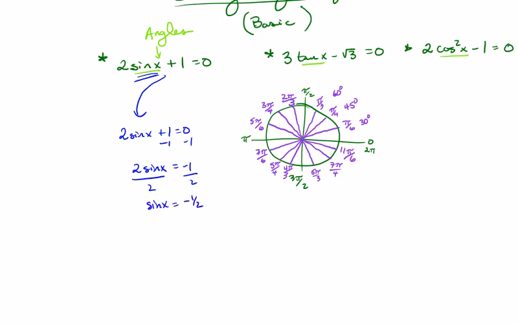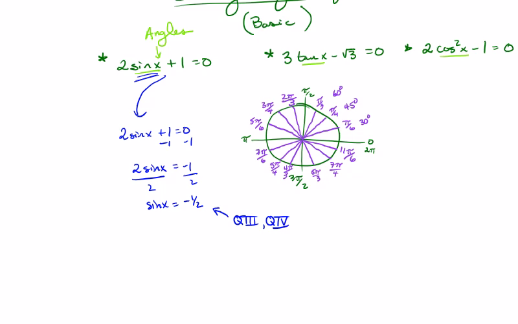So we're looking for two things. We're looking for two angles, because I know that sine is negative in quadrants 3 and 4. And so in quadrants 3 and 4, there are going to be an angle that makes sine negative 1/2.